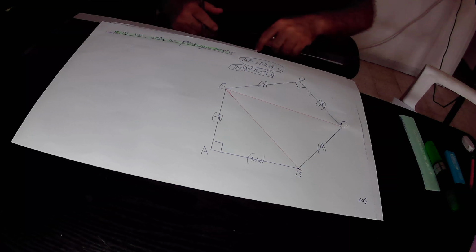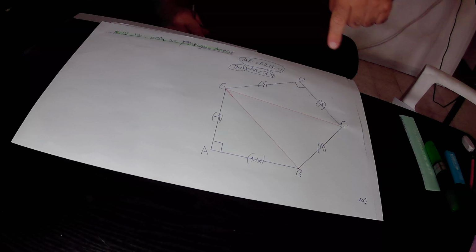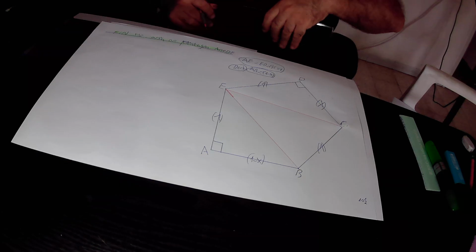In the next step, we'll extend side BA of this pentagon ABCDE in such a way that the extended part will be equal to x units in length.